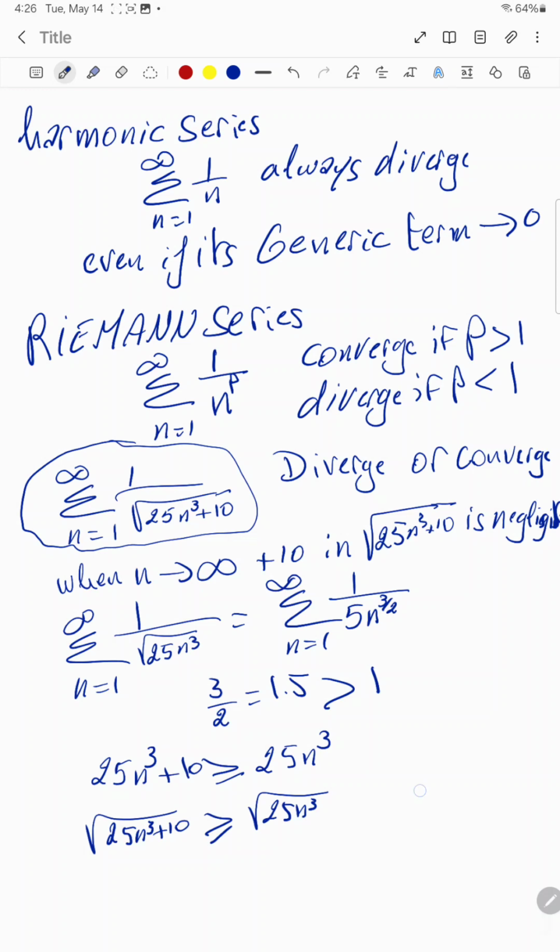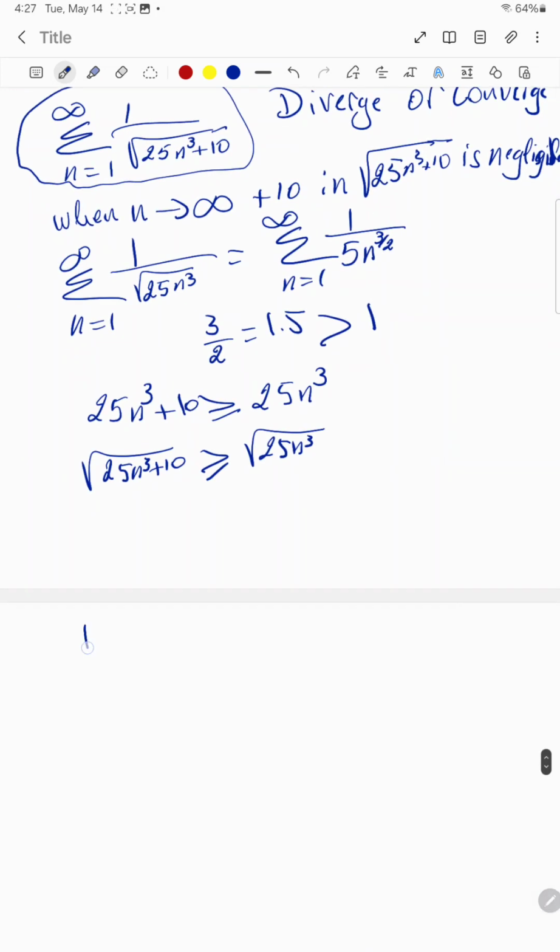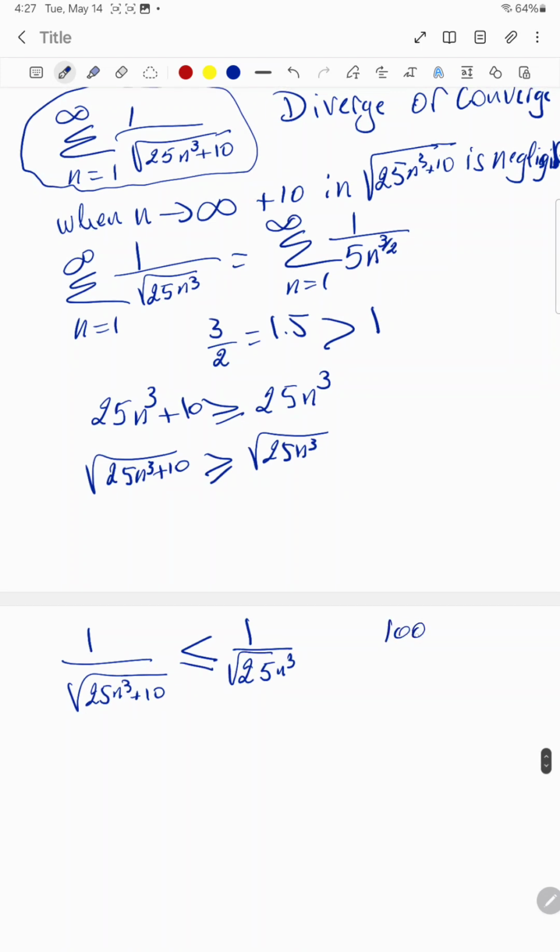And now 1 divided by the square root of 25 n to the power of 3 plus 10 becomes less than or equal to 1 over the square root of 25 n to the power of 3. Why? Because 1000 is greater than 100, but 1 over 1000 is less than 1 over 100. I just gave you this so you can see it, but I'm sure you know it.